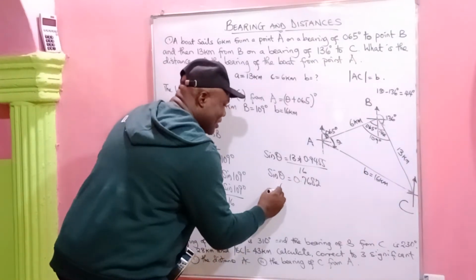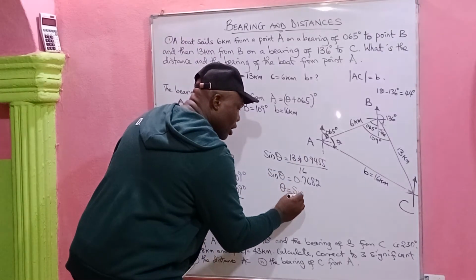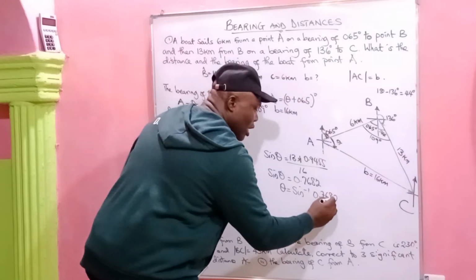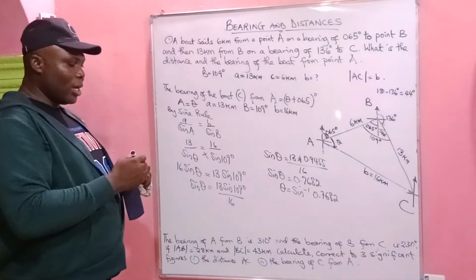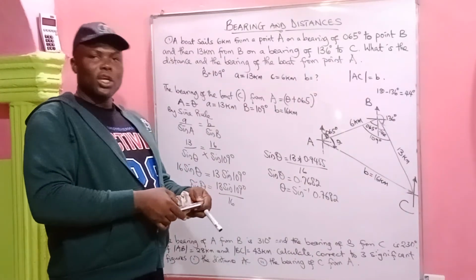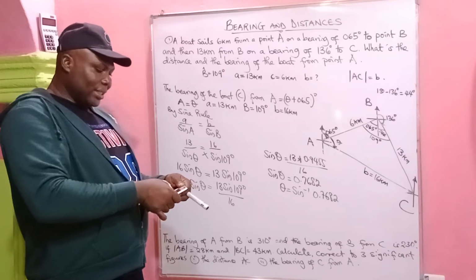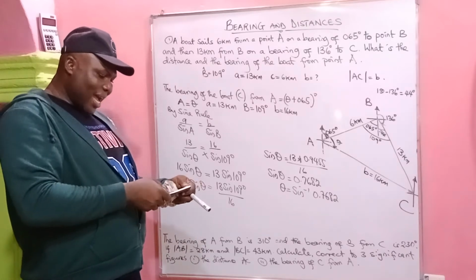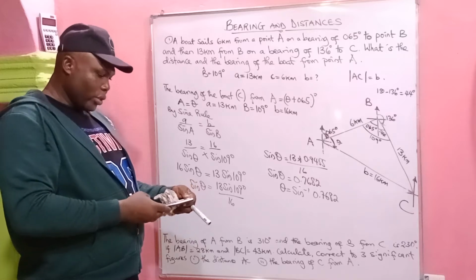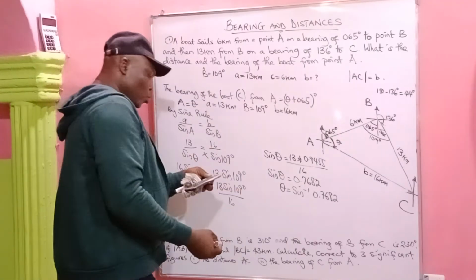Our theta will now be the arc sine of 0.7682, which means we are looking for the inverse function of sine. The inverse sine of 0.7682 will simply give us the answer 50.2 degrees.